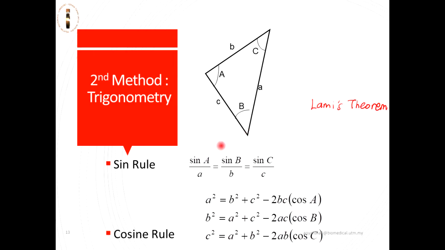So the formula for Lami's theorem is sin A over a equals sin B over b. The angle here is small b, this is capital B, and the cosine rule is a here and cos A here. And this is the formula.